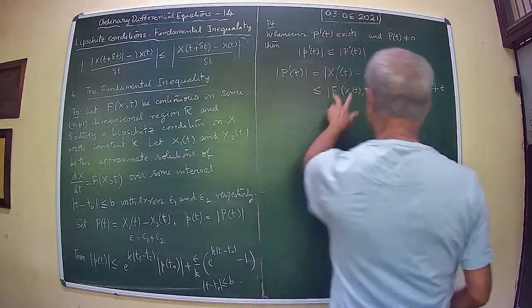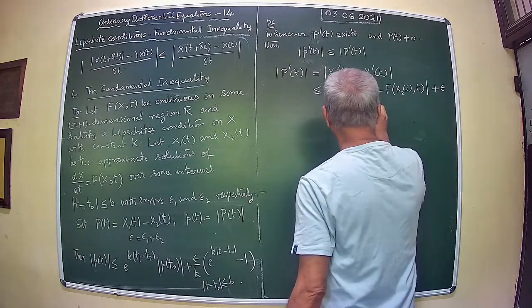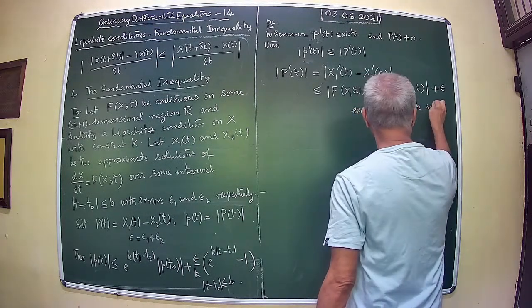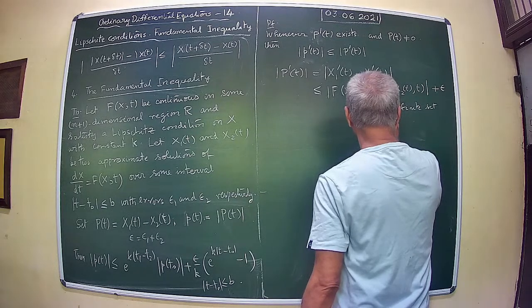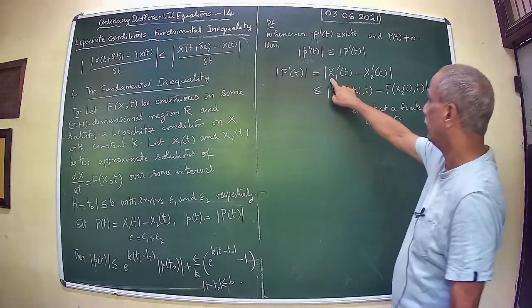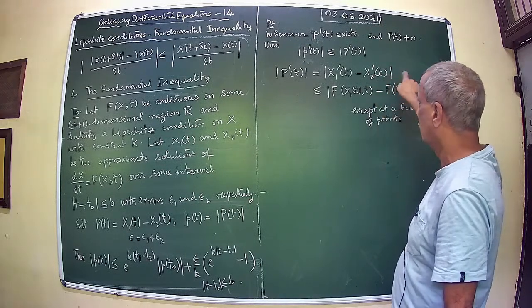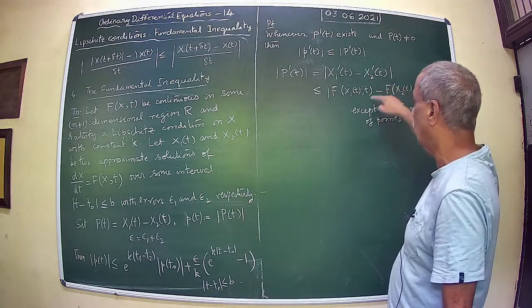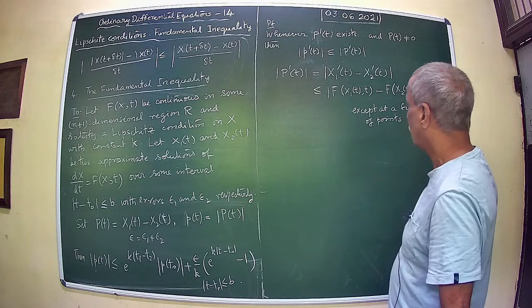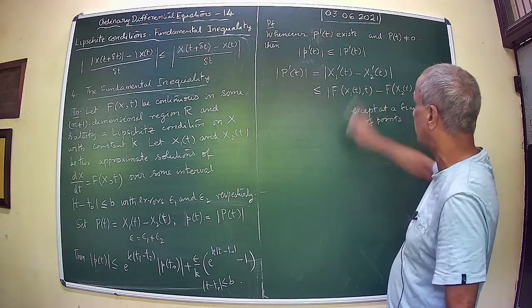You see that you have these terms except at a finite set of points. Exactly the same way as we worked out, because you have x1 prime t minus f of x1 t minus f of xt. Okay. See, you add and subtract these terms and then estimate it.